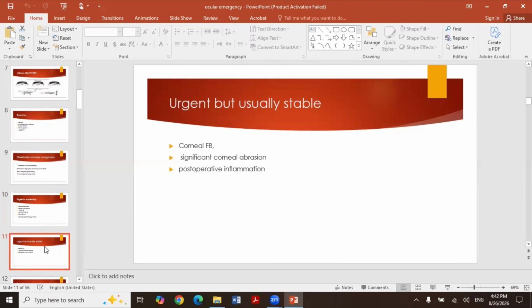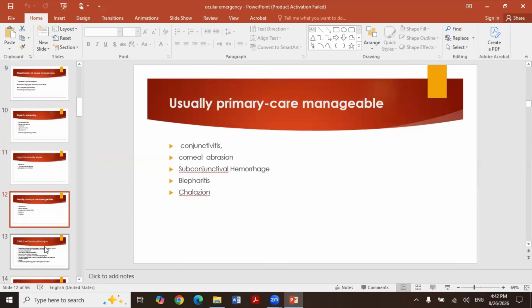Corneal foreign body, corneal abrasion, post-operative inflammation, post-cataract or post-refractive surgery. Usually primary care manageable. Any emergency doctor can deal with it, especially conjunctivitis, corneal abrasion, subconjunctival hemorrhage, blepharitis, or chalazion.